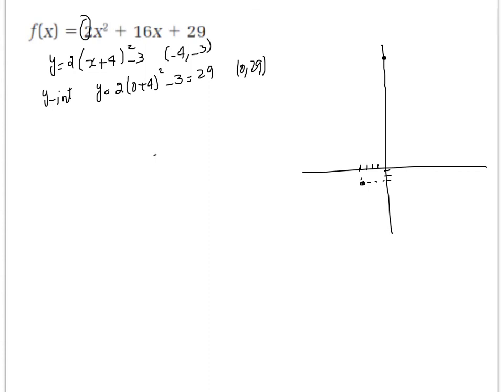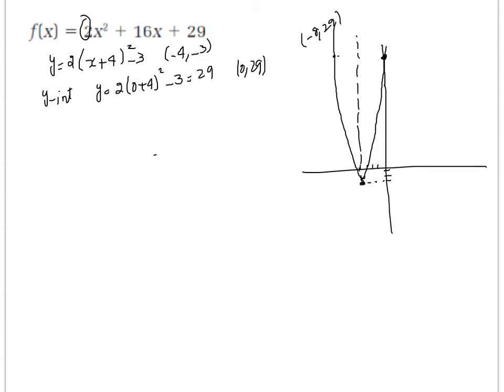So if the distance from this point to the axis of symmetry, which is here, the other point is going to be to the left the same amount. So if the axis of symmetry x value is negative 4, this guy is going to be negative 8 and 29. So our graph is going to look something like this.